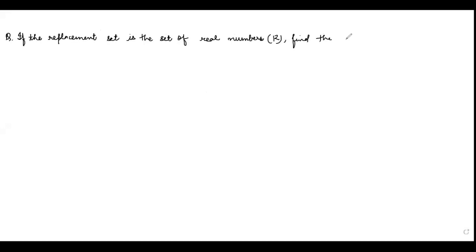So let us write down this question, children. The first question. If the replacement set is the set of real numbers R. Real numbers are denoted with R. Find the solution set of, you have two questions given.